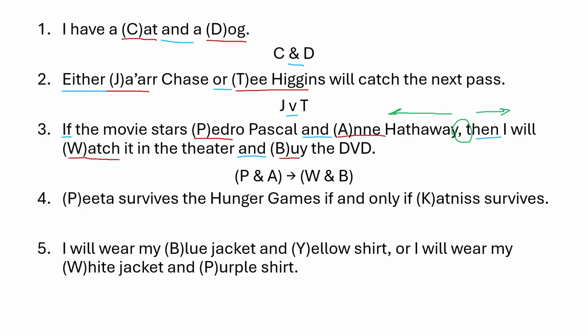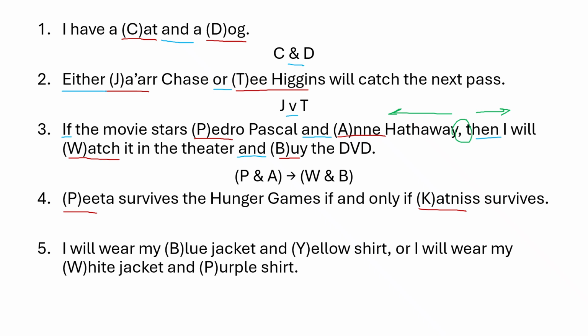Looking at this fourth example, we have our propositional letters of P for PETA, K for Katniss, and so what's our connective here? The important thing with this example is to not see the "if" statement and automatically think it's just going to be a regular conditional statement.